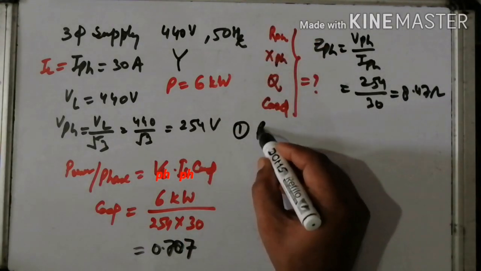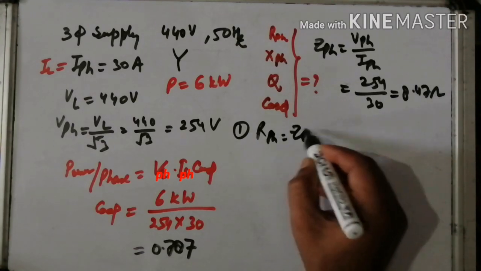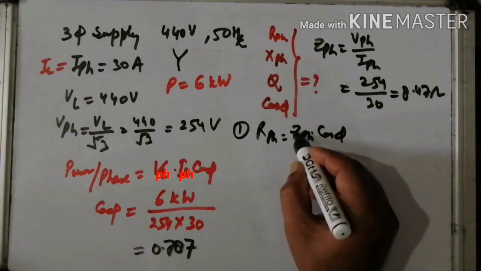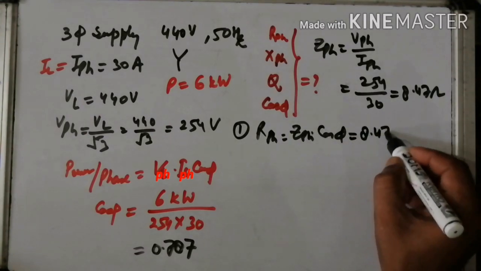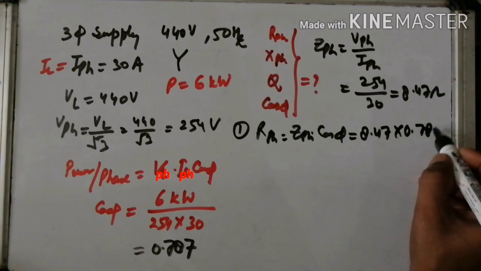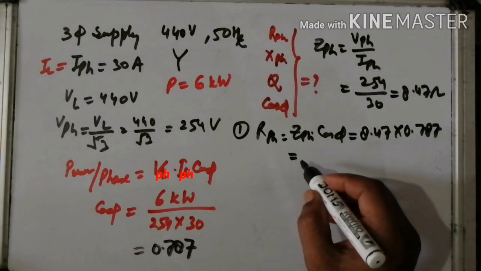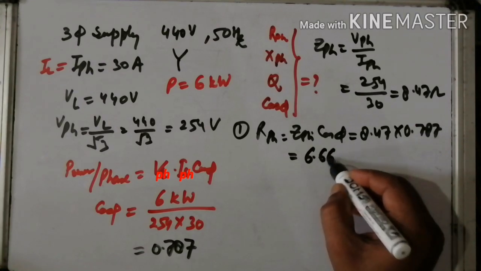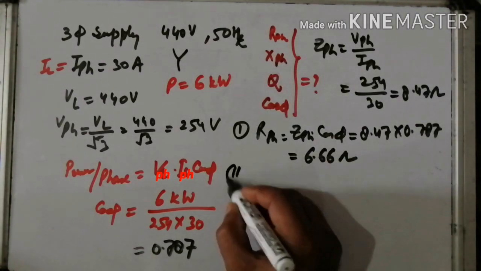RPH is nothing but the cos component of ZPH. So it is ZPH into cos phi, that is 8.47 into 0.787. RPH is 6.66 ohm.